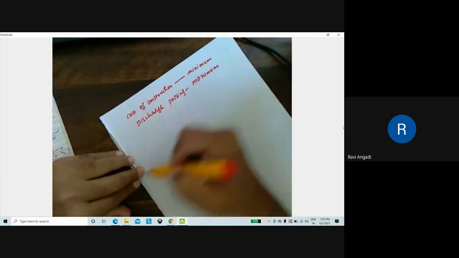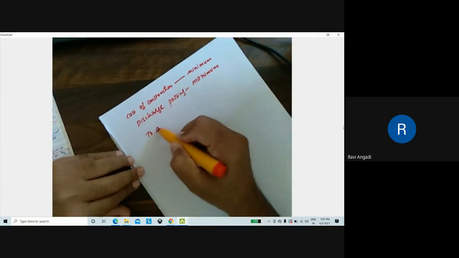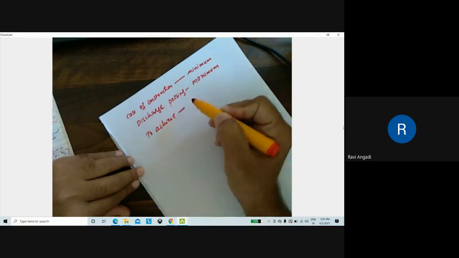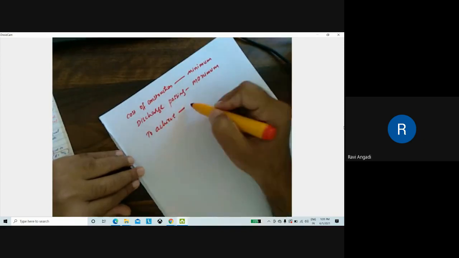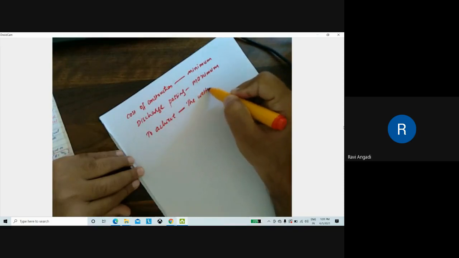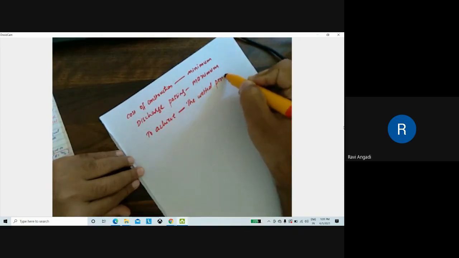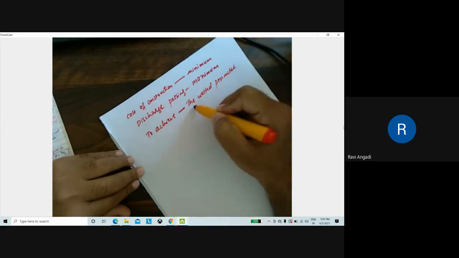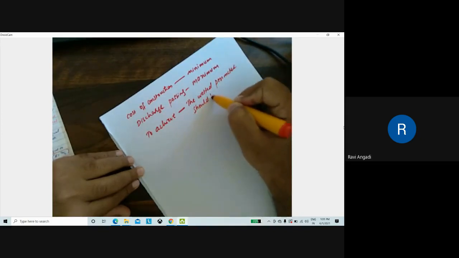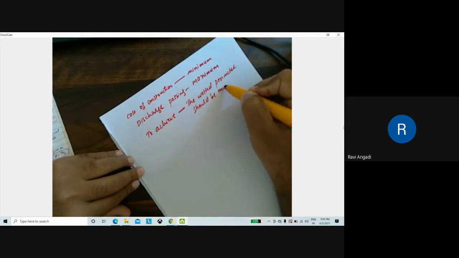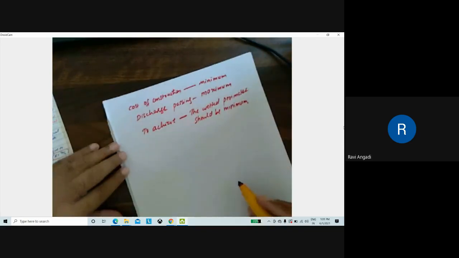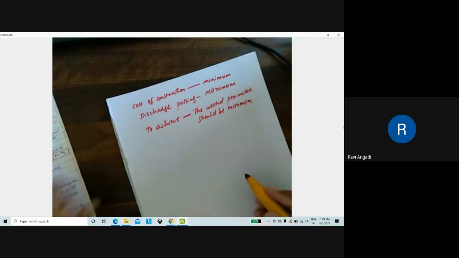To achieve this, what is the criteria? The wetted perimeter should be minimum. Is it visible?